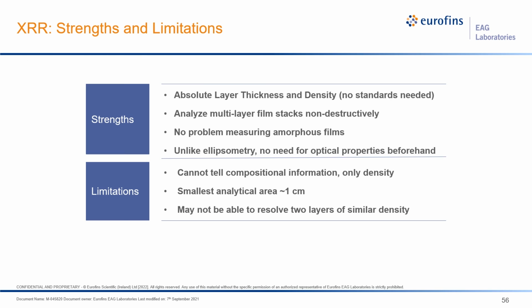And unlike ellipsometry, there's no need to know the optical properties or any properties beforehand, although it does help. Some of the limitations, though, are that it cannot tell composition information per se, but only density of the films. Similarly, if two film layers have similar densities, there may be some issue in resolving differences between those two. And the analytical area tends to be kind of large. So again, in this case, it's better to send a larger sample.